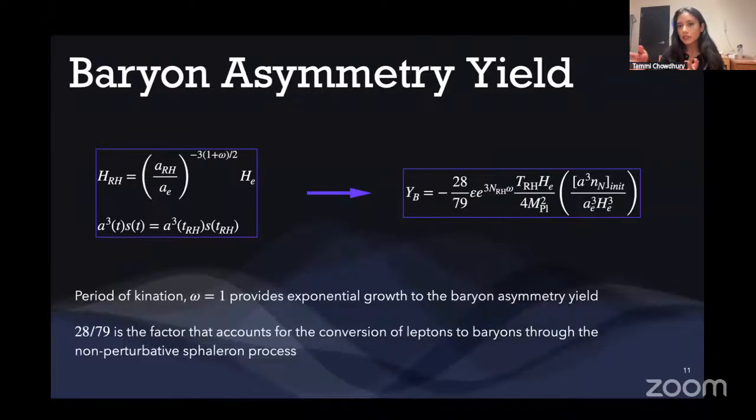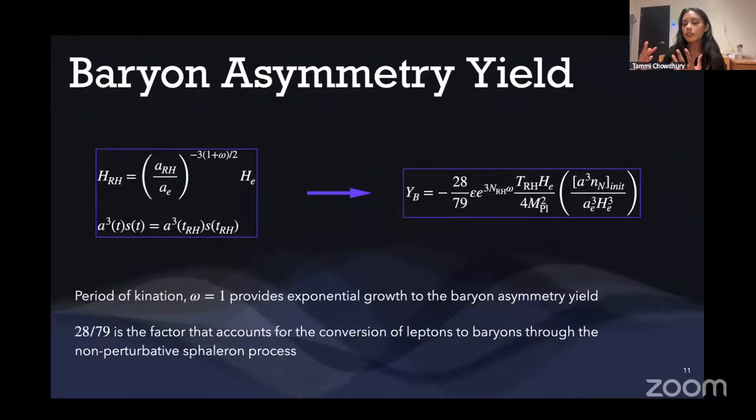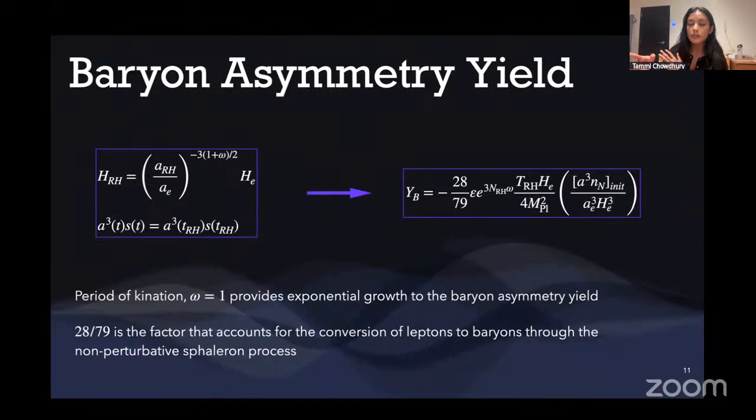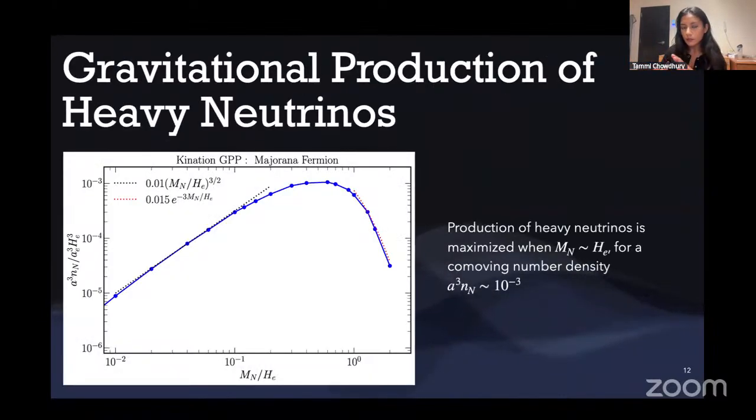And this a cubed n sub n here is the co-moving number density that's produced from the gravitational production. To give a more concrete picture of that production, on the y-axis we have that co-moving number density, and on the x-axis we have the mass of the right-handed neutrinos with respect to the Hubble scale at the end of inflation.